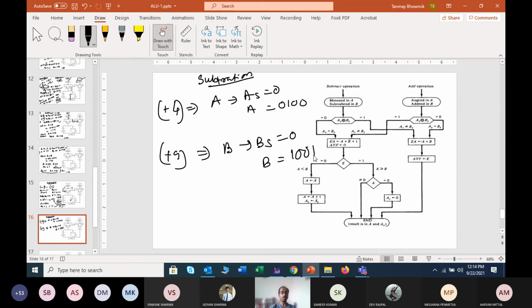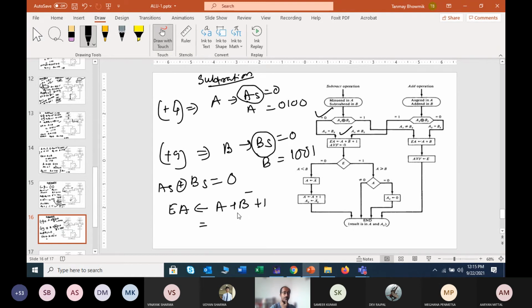Okay, so now what will you do? You will perform the same thing, just like this. This one and this one XOR. So AS XOR BS will give you the result 0 XOR 0, which means 0 simply. So that means you will come again in this zone. That means finally you will perform A equals A plus B complement plus 1. So what should be B complement?